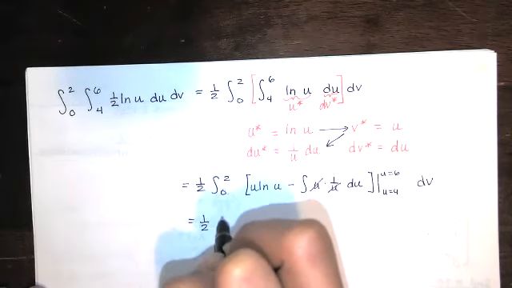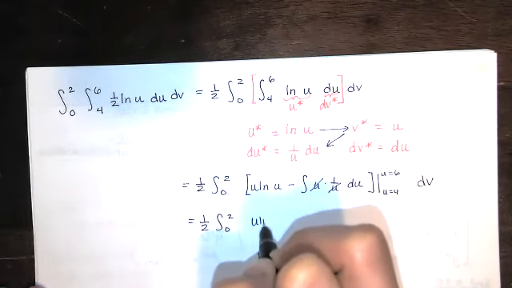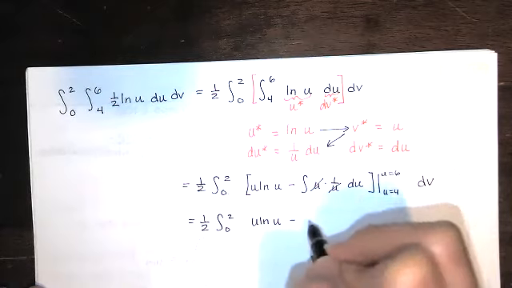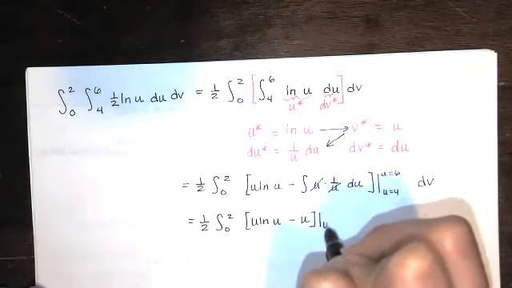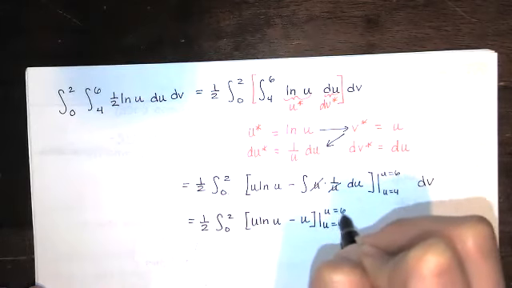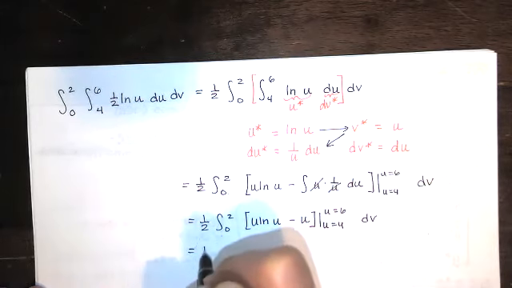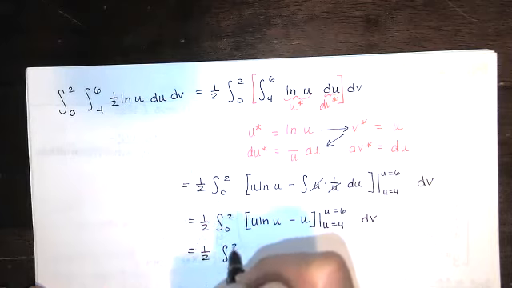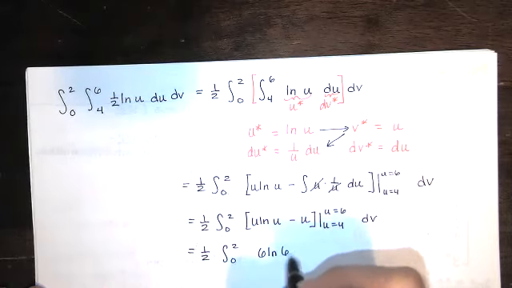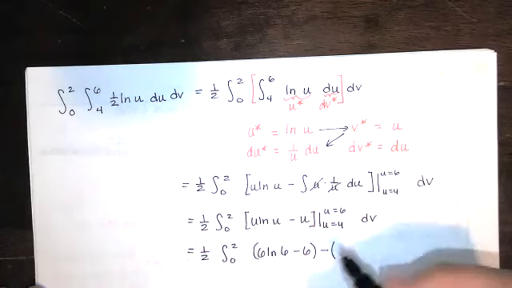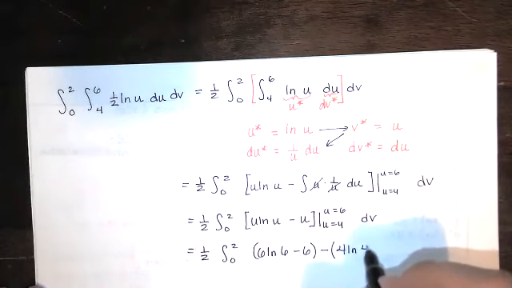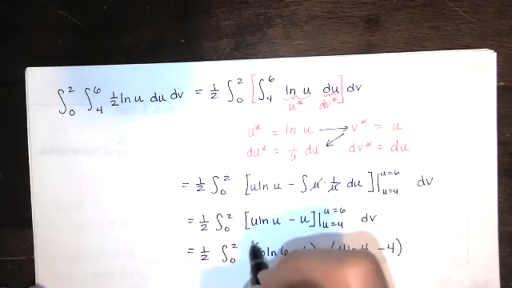So we end up with u natural log of u minus the antiderivative of 1 with respect to u, which is u, evaluated from u equals 4 to u equals 6. So we have 6 natural log of 6 minus 6 minus this evaluated at u equals 4. 4 natural log of 4 minus 4.